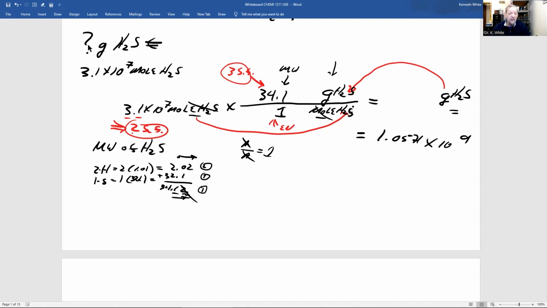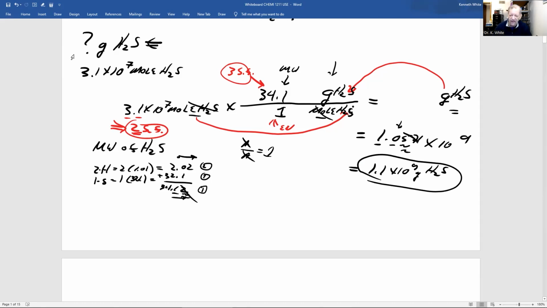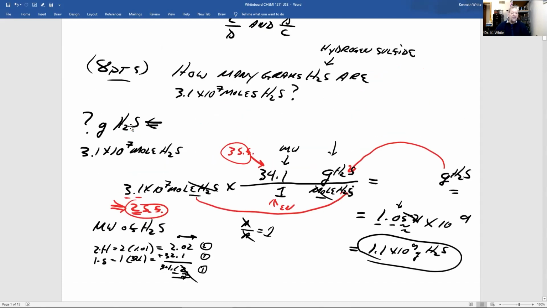Round this off to 2 significant figures. Keep the 1, keep the 0. Use this to round off. Is it 4 or less or 5 or higher? It's 5 or higher. Drop that, increase that by 1. And this is your answer, 1.1 times 10 to the 9 grams of H2S. Stinky stuff, but still, that's how.